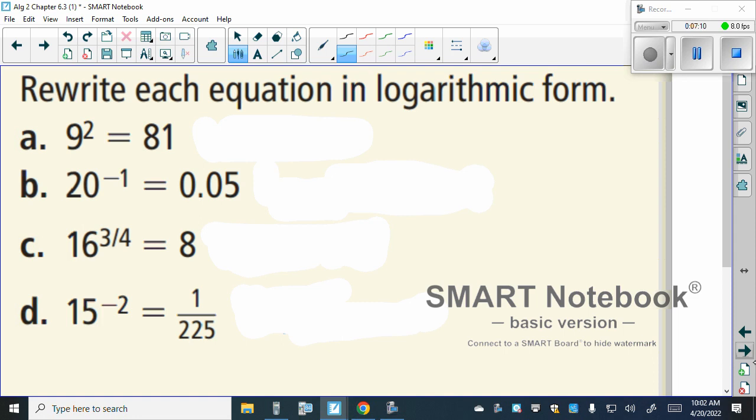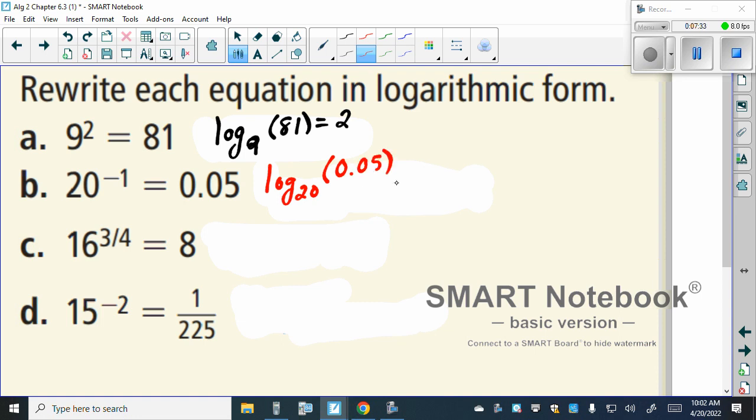Let's go on and do these since they're not that bad. So log base 9 of 81 is equal to 2. The next one would be log base 20 of 0.05 equals negative 1.